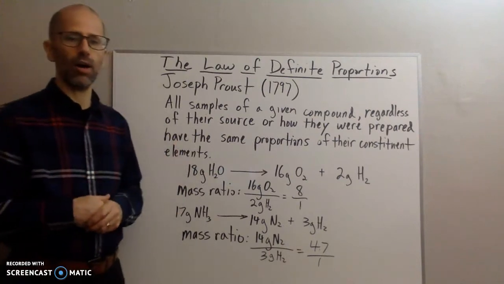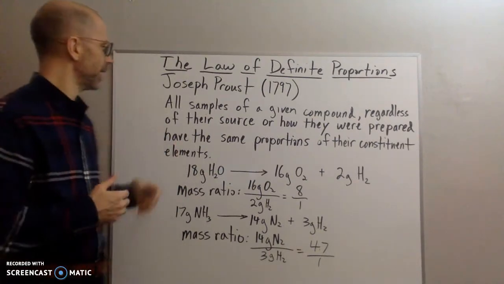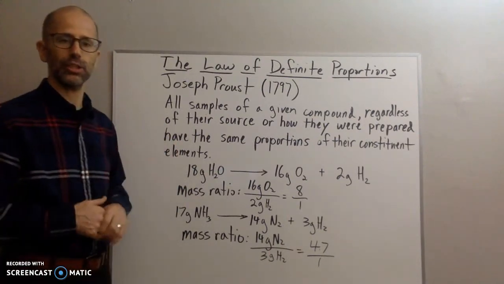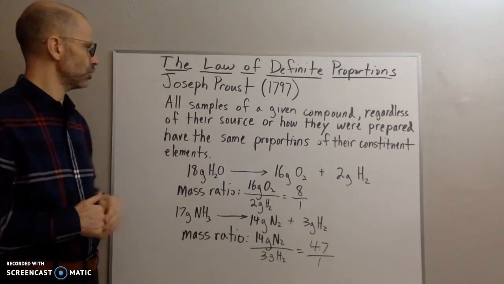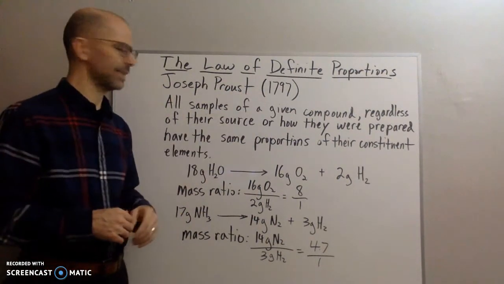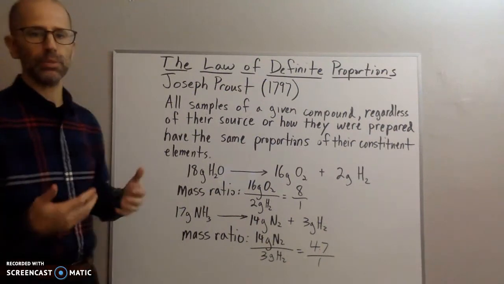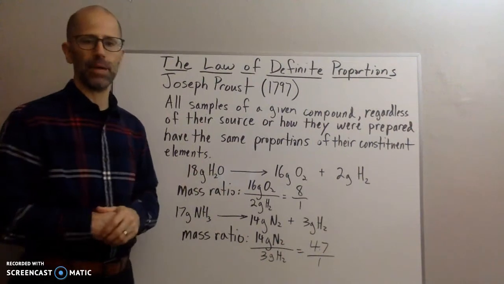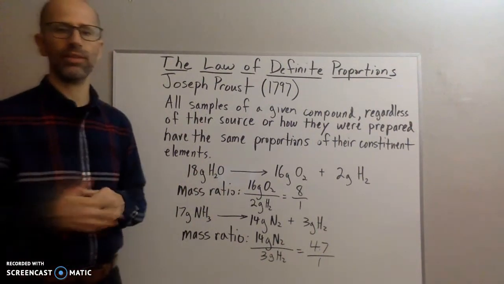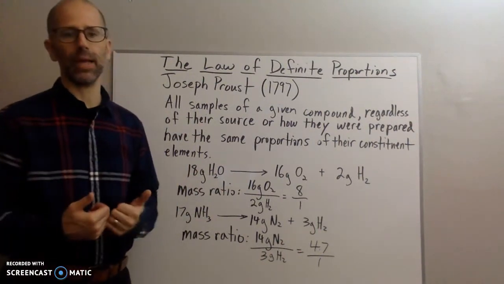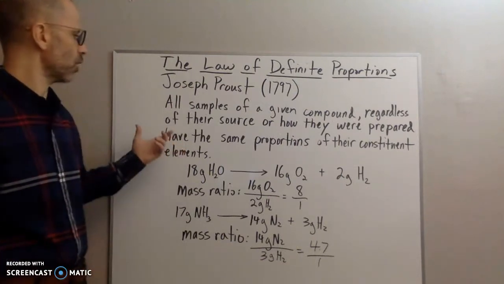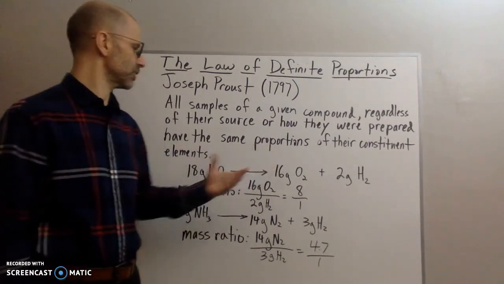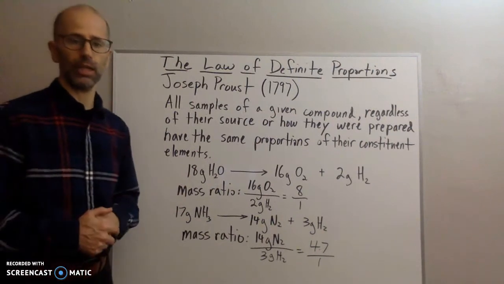This is a law that was formulated by another French chemist, Joseph Proust, in 1797. And what he observed was that all samples of a given compound, regardless of where you get them, regardless of how they were made, are all going to have the same proportions of their constituent elements.